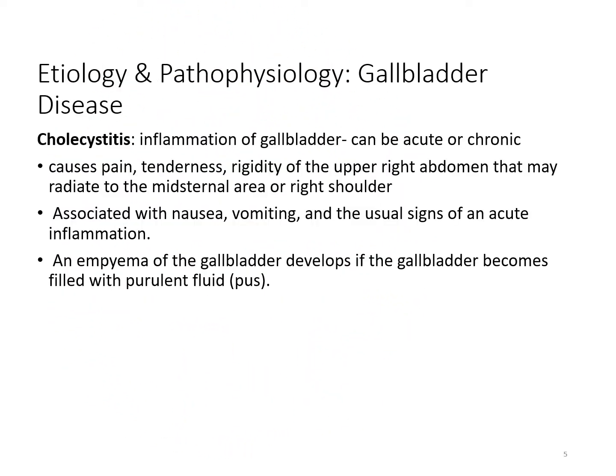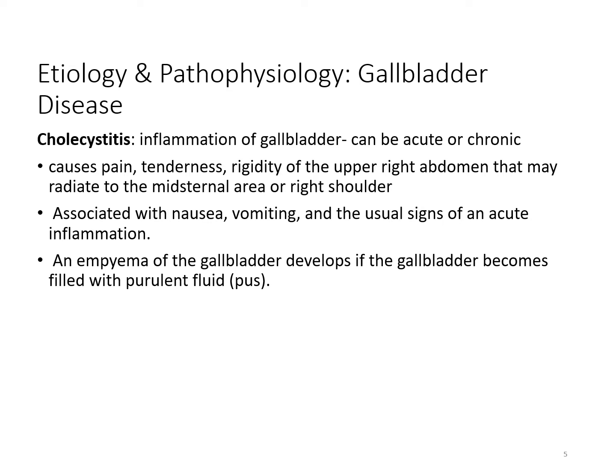All right, so cholecystitis is inflammation of the gallbladder, and it can be acute or chronic. In terms of the manifestations you're going to see, you're going to see things like pain, tenderness, and rigidity of the upper right abdomen, and this can also radiate to the mid-sternal area or the right shoulder.